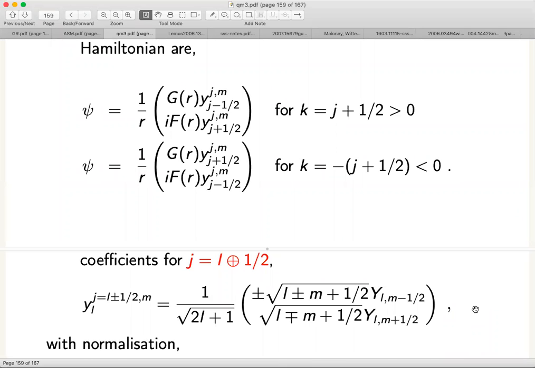These are in the angular part. In the lower part I have written Y with L, but in the upper part I'm writing L in terms of j, because j is a good quantum number. That's why it is j plus half and j minus half kind of factor sitting around. But that is actually the orbital angular momentum L value.